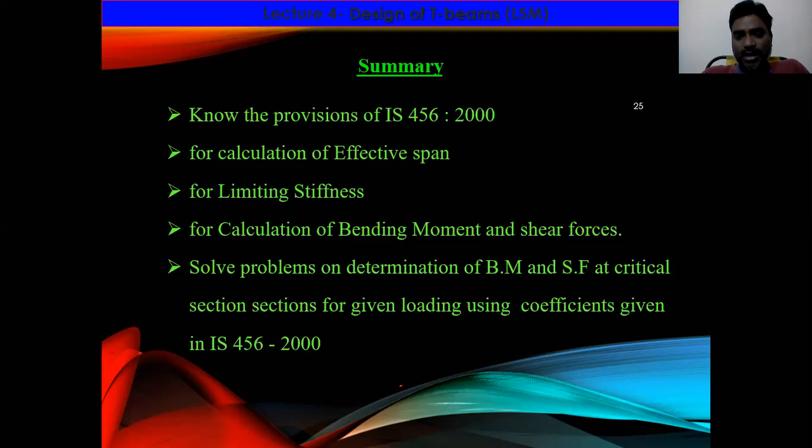And I told you that you need to calculate for all the cases. If you have any doubt, you can calculate it, compare and find out the maximum, because here they asked to determine only the maximum shear force and bending moment. So from the coefficients, you can easily identify where you will get the maximum bending moment and shear.